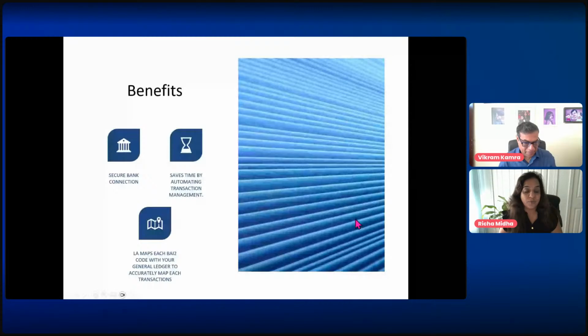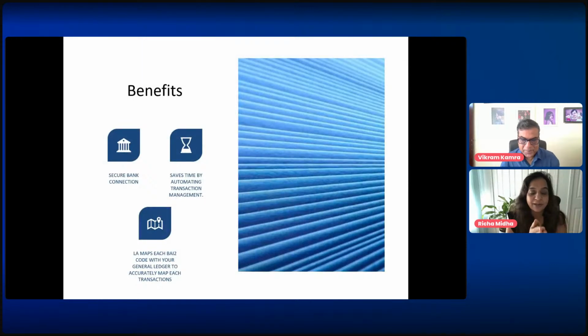I think most of our law firms are in love with these BAI tools. As I mentioned earlier, there is a secure bank connection. There is nobody between you and your bank. You are getting the data directly on your SFTP. Then it saves time by automating transaction management.